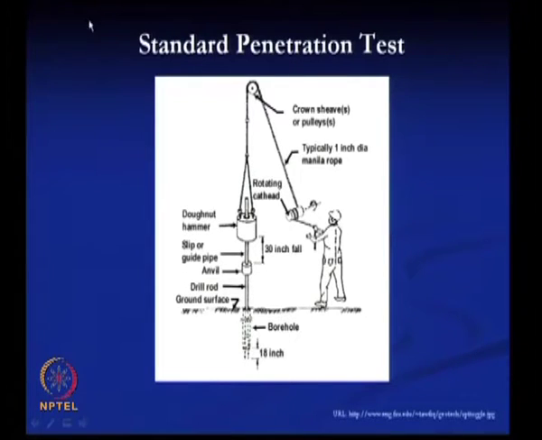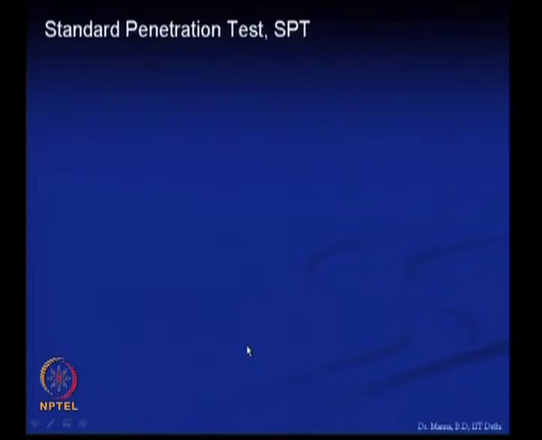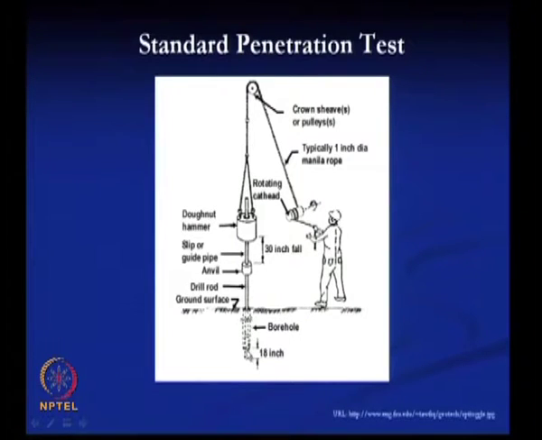Now, this is the test setup. This is the hammer which is used. The weight of the hammer is 63.5 kg and the free fall is 760 millimeter, and it is used to drive the sampler into the soil within the borehole up to the desired depth for 3 different stages.